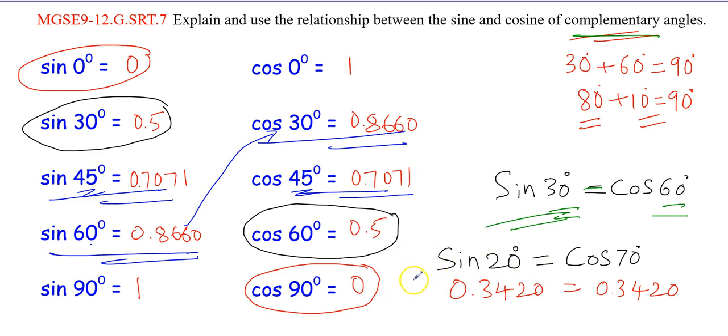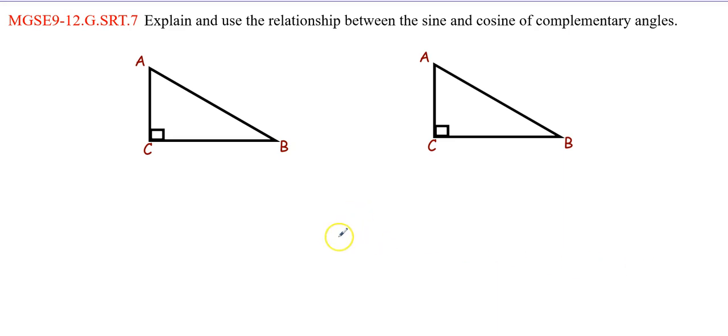The same thing can be demonstrated by using a right triangle. Now here we have a right triangle ABC. In this right triangle ABC, the angle C is equal to 90 degrees, and so the side AB is the hypotenuse, and let us label the sides also.